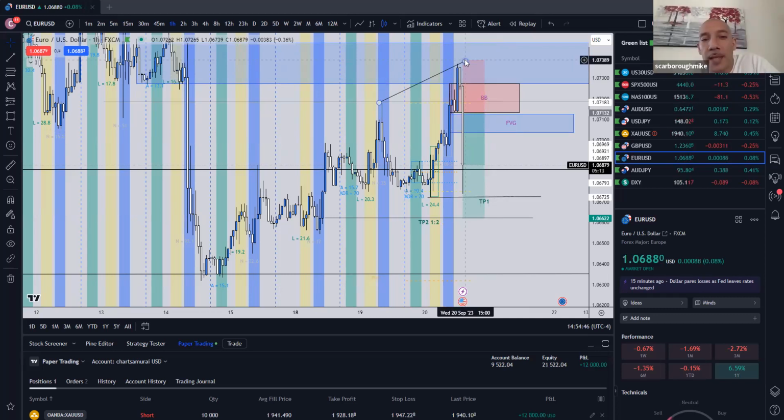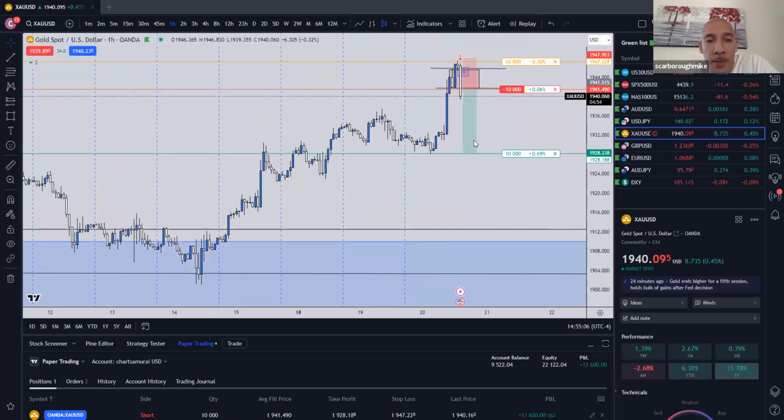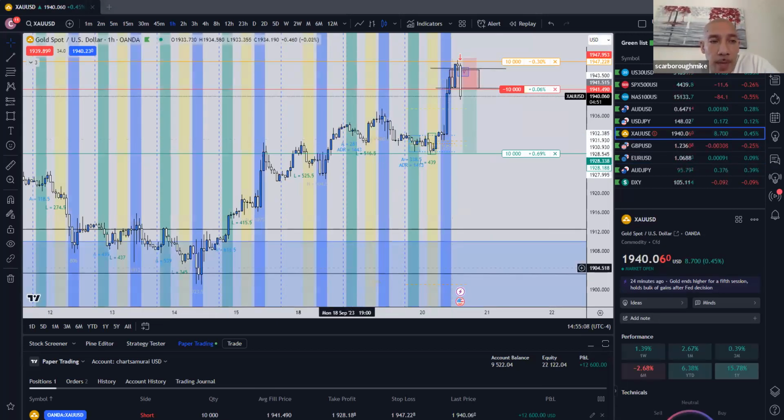No, I think it will need to either take out Monday low or reach down to previous week by Friday. That's gonna be a lot to get to previous week. Tomorrow's gonna have to be a lot of movement on EU.